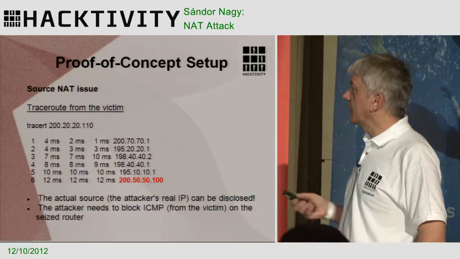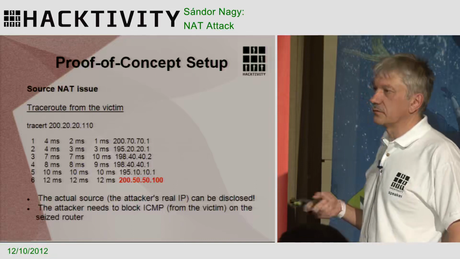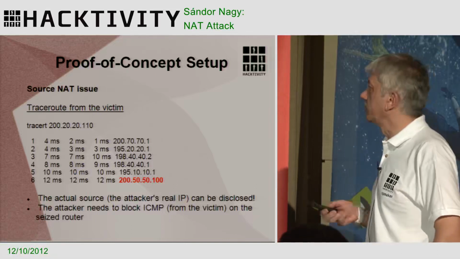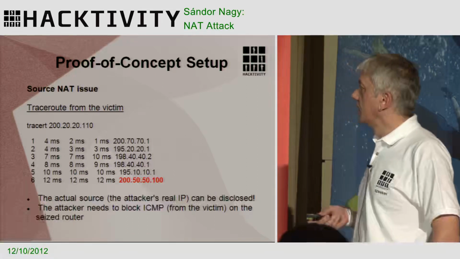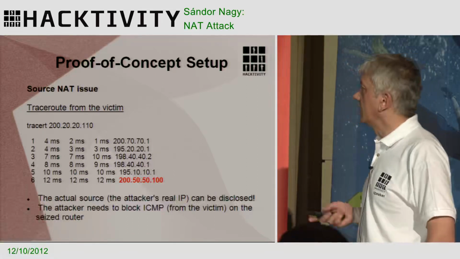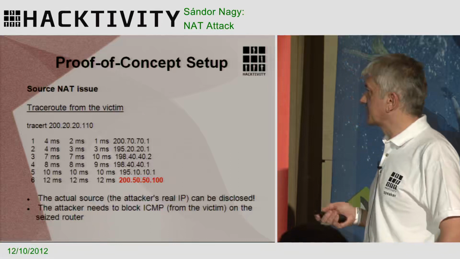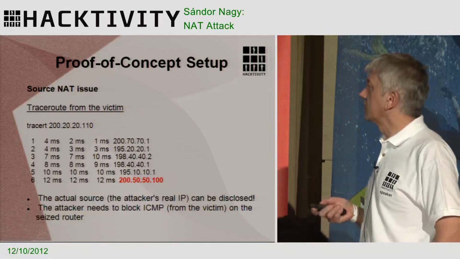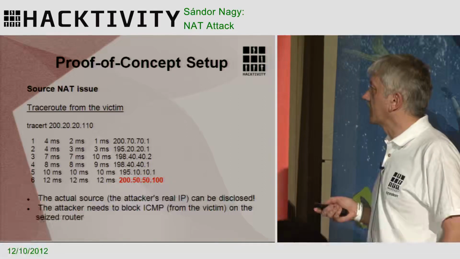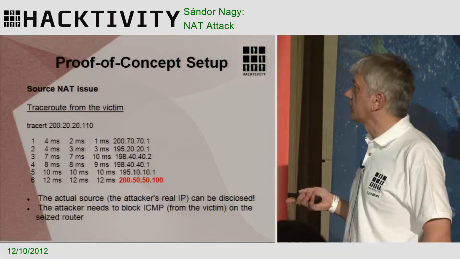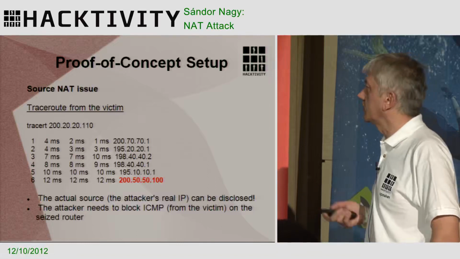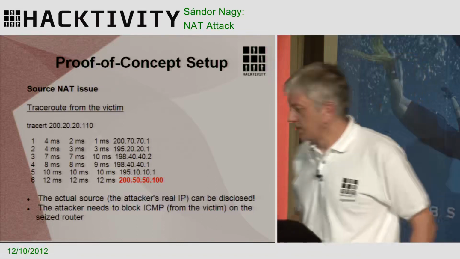If the attacker wants to fix this issue, the attacker needs to block this communication, for example, ICMP echo request packets on the seized router. So a blocking condition should be applied.